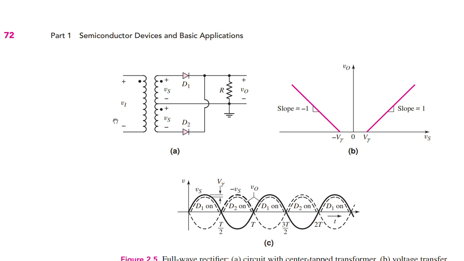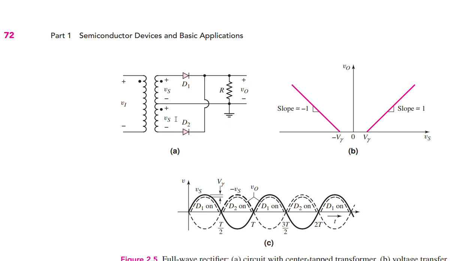Now if we compare the pros and cons of the two rectifiers that we have studied so far, the half wave rectifier and the full wave rectifier with center tap transformer, you see that the obvious benefit of the full wave rectifier is that it is conducting basically twice as much as the half wave rectifier.